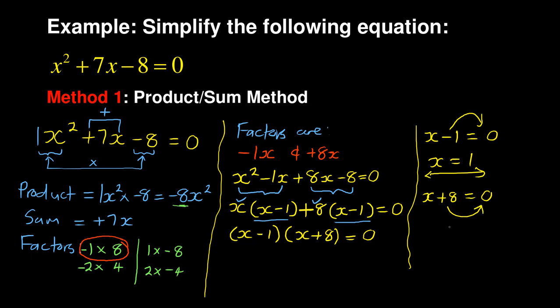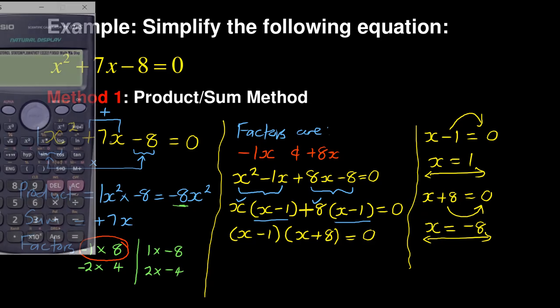Let the 8 jump the equal sign to change sign from positive to negative. Therefore, it gives me x is equal to a negative 8. So this is the first way of solving, we called it method 1, and I'm using my product sum method.